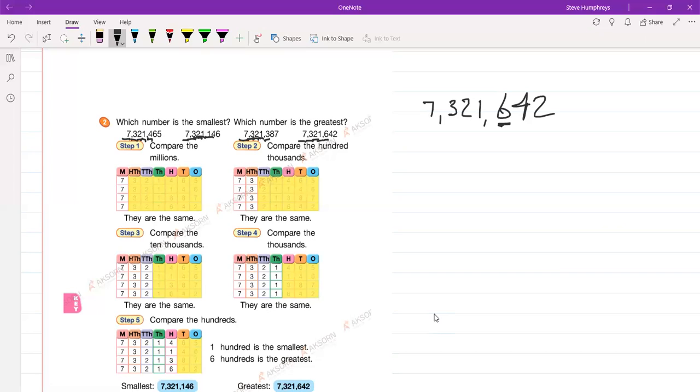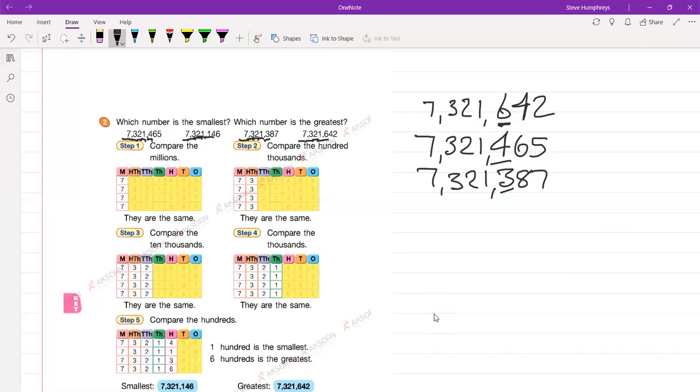The second number will be 7,321,465. Because 4 is more than 1 and it's more than 3. The third number will be 7,321,387. Okay, we're looking at the hundreds here.